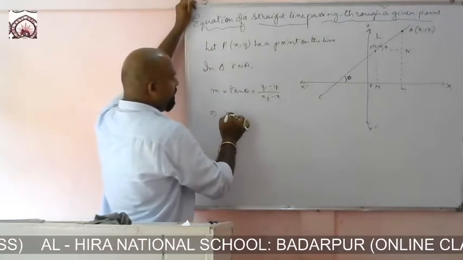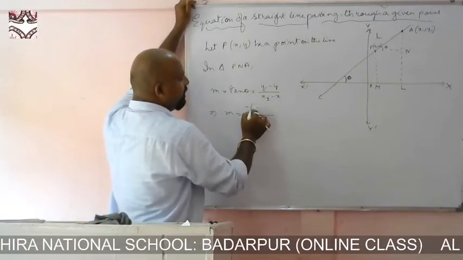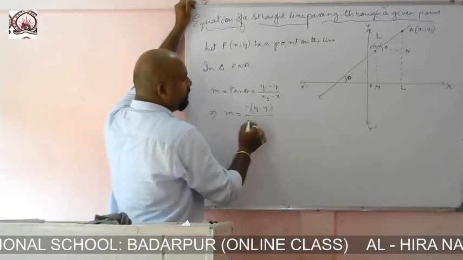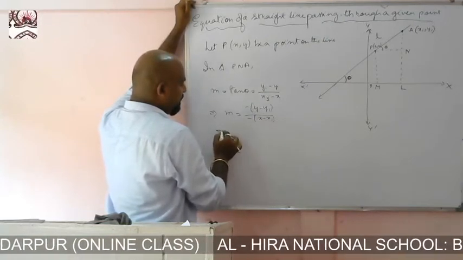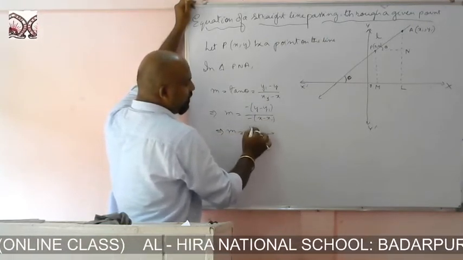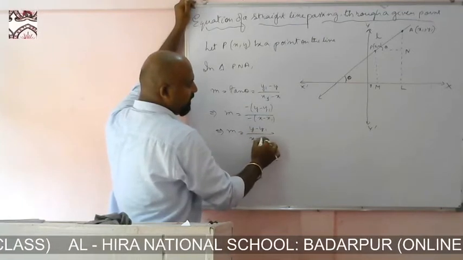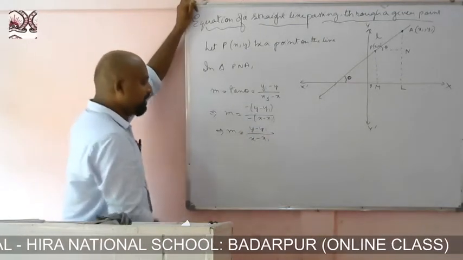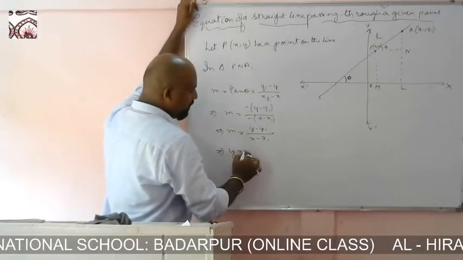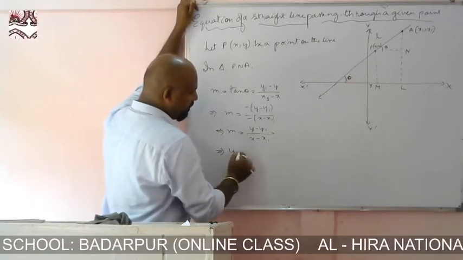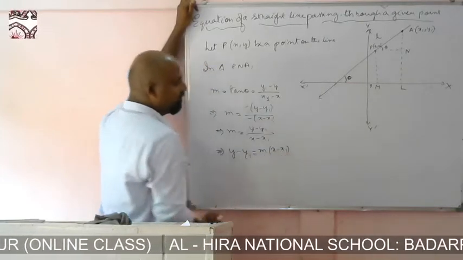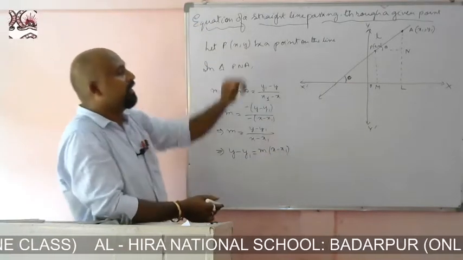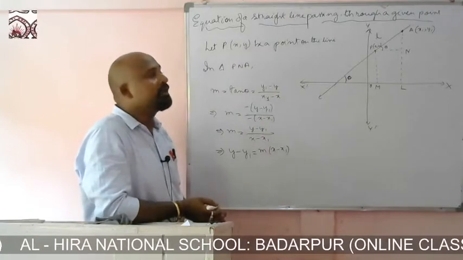Now if I take minus common, the minus cancels, so m equals (y minus y1) divided by (x minus x1). That is, y minus y1 equals m into (x minus x1), which is the equation of a straight line passing through a given point.